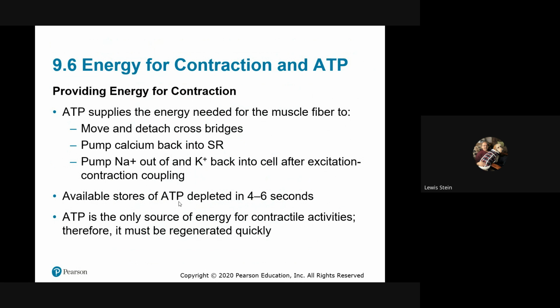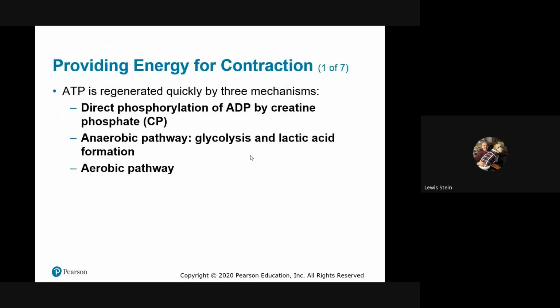That's why nearly all activities start anaerobically, meaning they're either using up energy sources that are on hand or alternative energy sources. The only source of energy for contractile activity must be regenerated quickly. And most of the time, that's all we use a muscle for. We reach here, we go here, we walk from here to here. A couple of seconds, you know, we've used up the available energy.